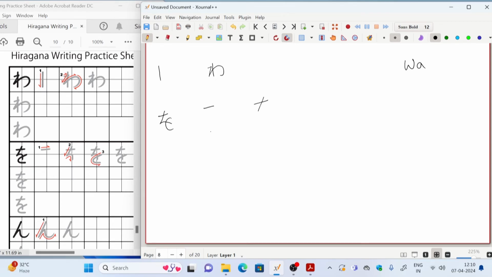First, second, third. This is again o, but it is only used in particles. It is a part of grammar. It is not used in any vocab. So it will only be used in grammar, not in vocab.